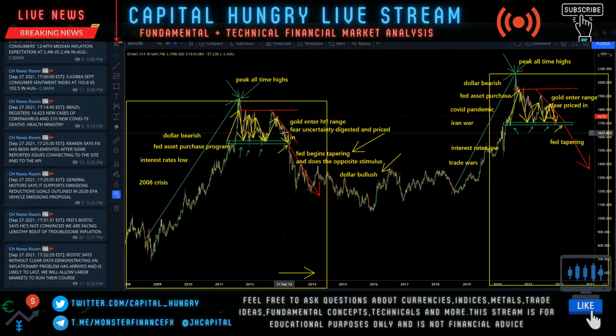We only break below that demand zone when the Fed begins its tapering process. When that happens, gold will break 1700 and slowly make its way down to the 1500s and 1400s, and the dollar will also go bullish.